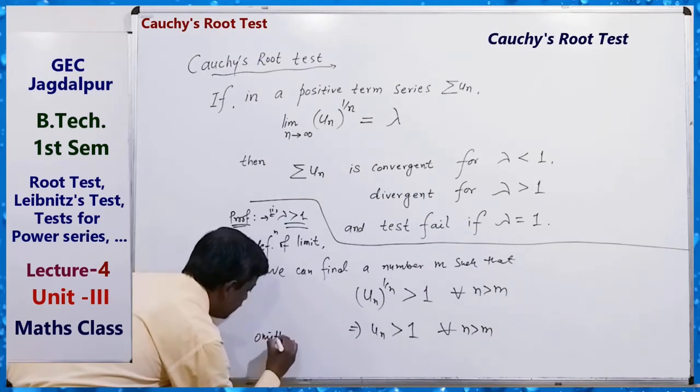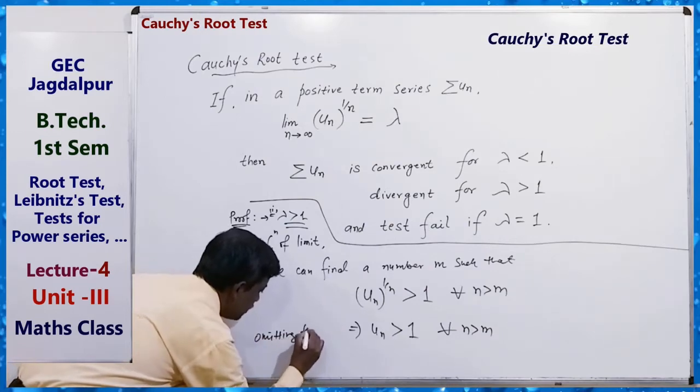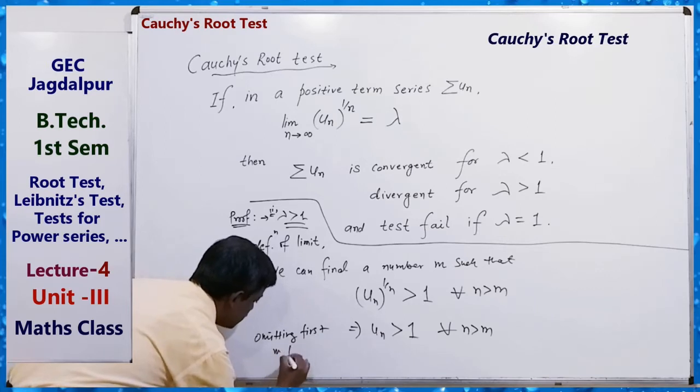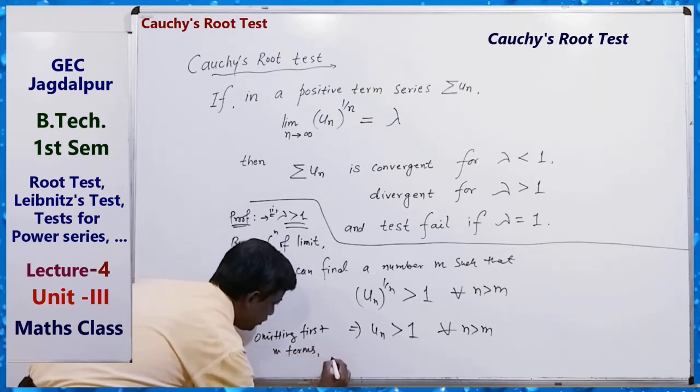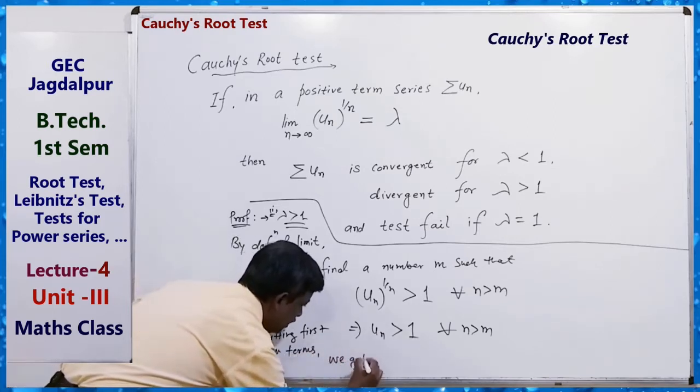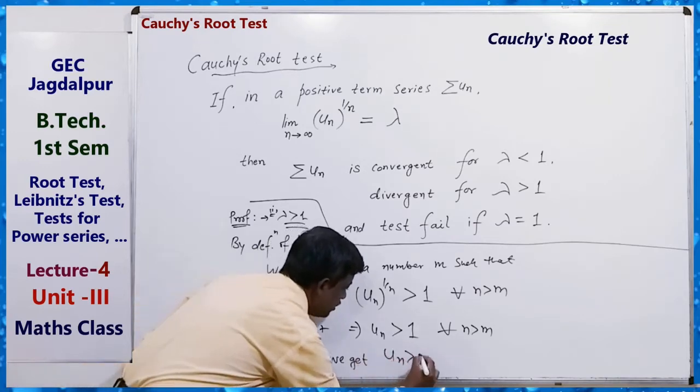Omitting the first m terms, we get un is greater than 1 for all n.